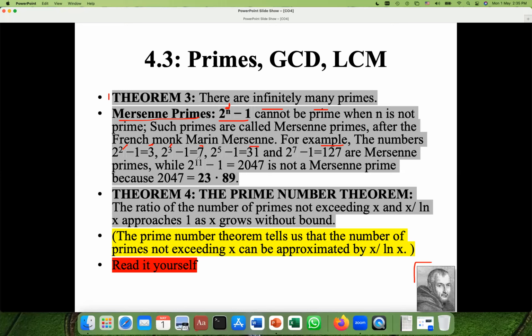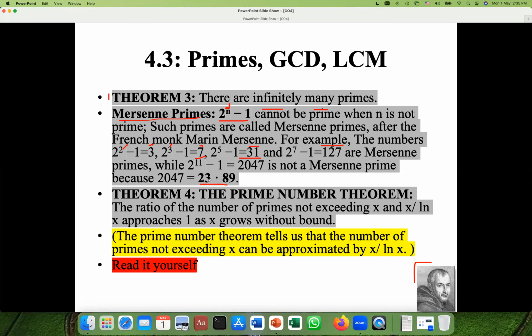But this number, 2^11 minus 1: this n is a prime number. But when you calculate this, it becomes 2047, which is a multiple of 23 and 89. And primes normally don't have any multiples.